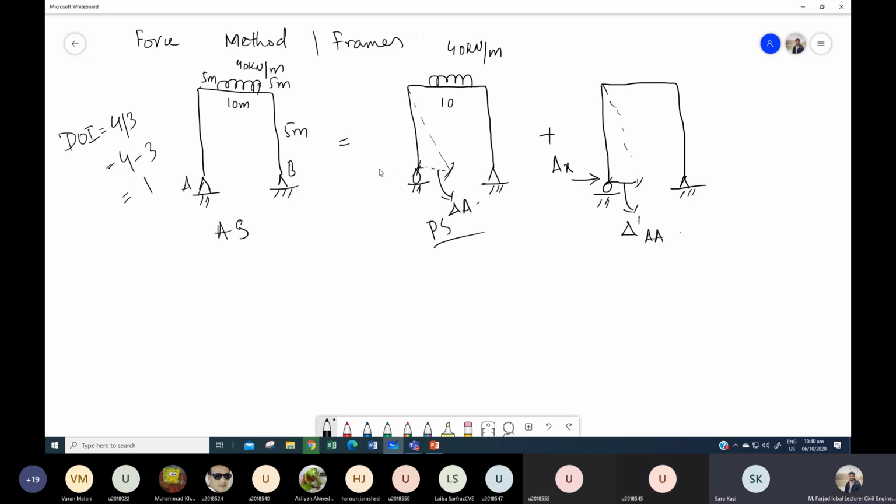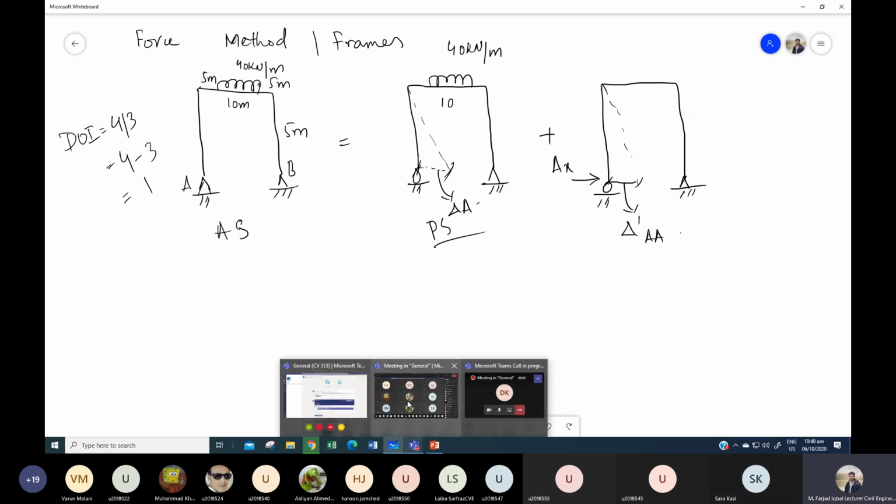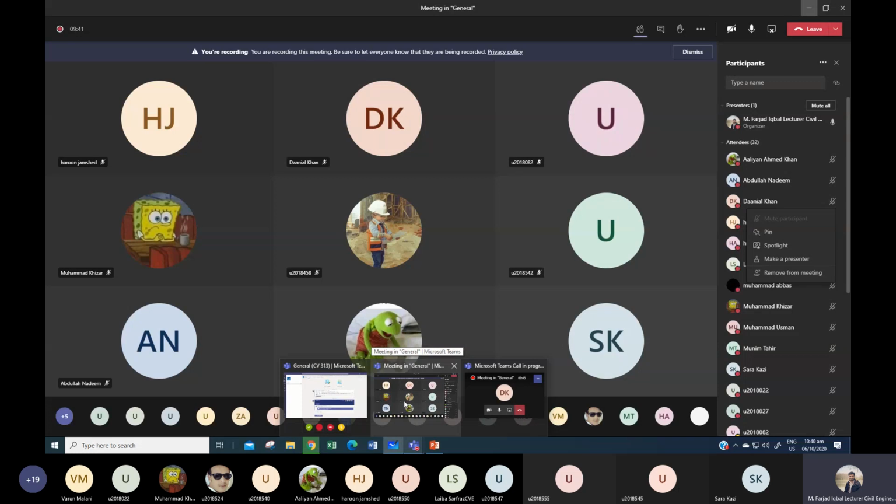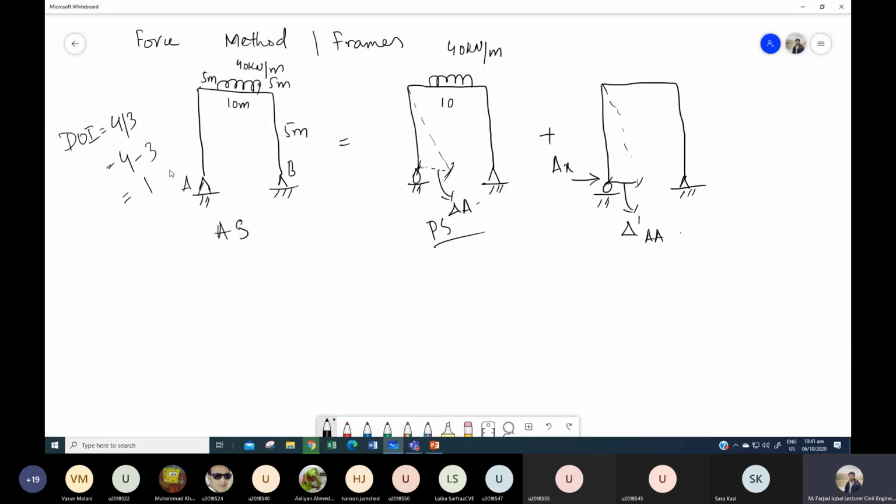Because, sir, we have removed the horizontal reaction in this original structure, right?